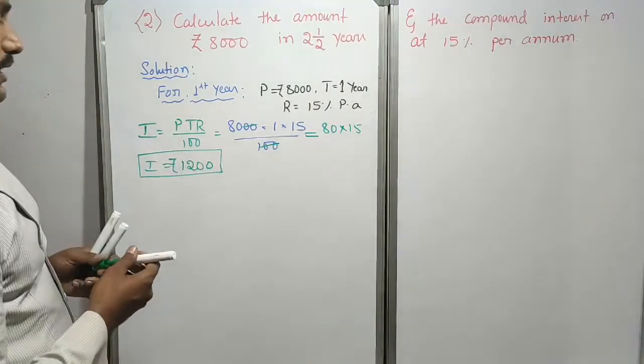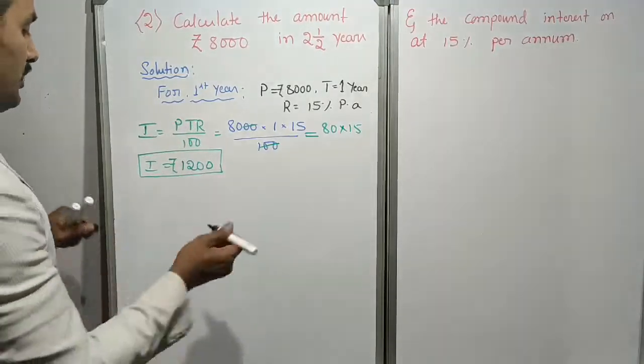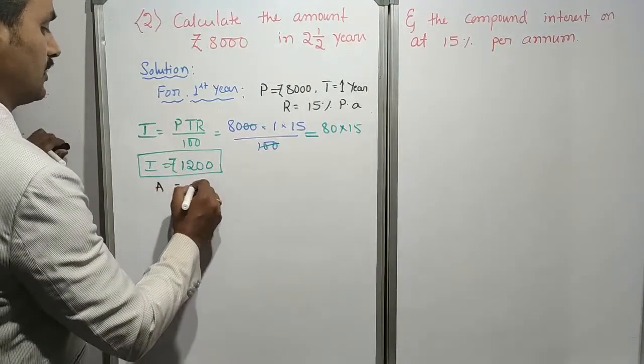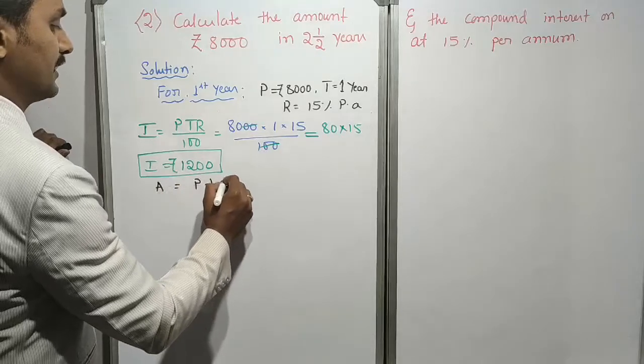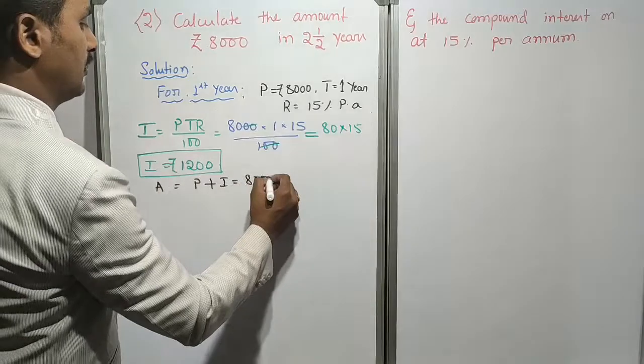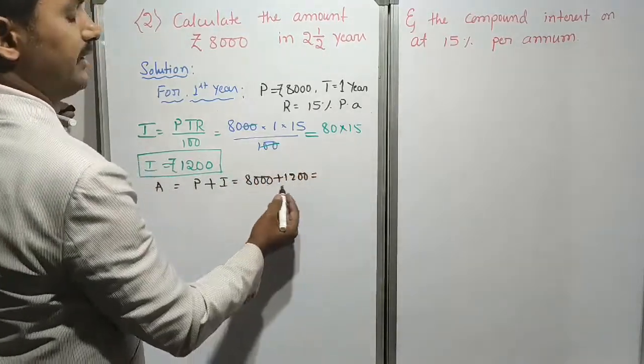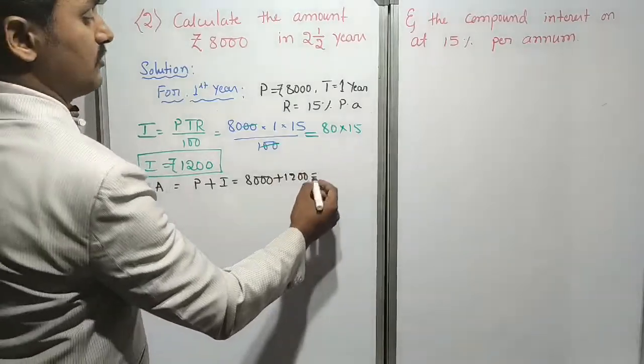What next step, dear children? At the end of the first year, how much did the amount become? Amount is equal to principal plus interest. Principal is 8,000 plus interest 1,200, that is 9,200.